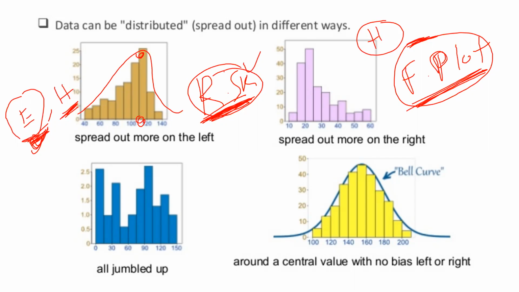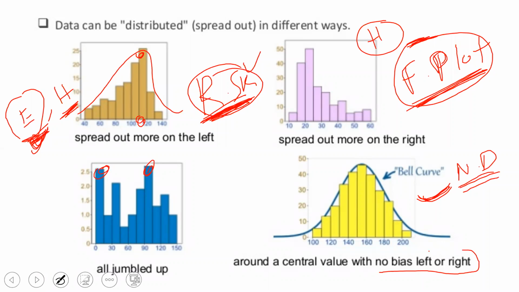Now if I give you a test, and some people are finding it very hard, and some people are finding it very easy, then the distribution will happen like this. This is also one of the distributions. We have already studied the normal distribution. Here we have no bias.